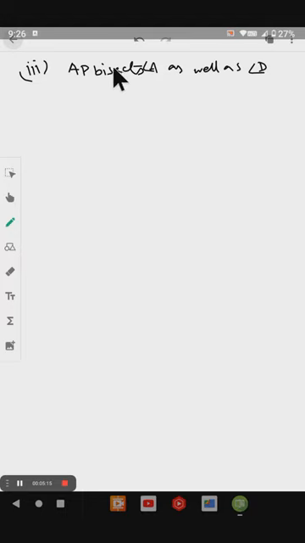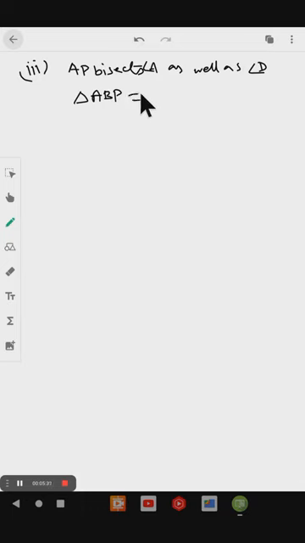Now we take the same diagram. From the second one, we proved triangle ABP congruent to triangle ACP. From this, by CPCT, the other angles will be equal.